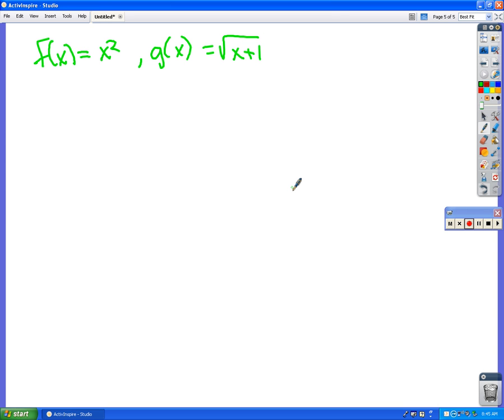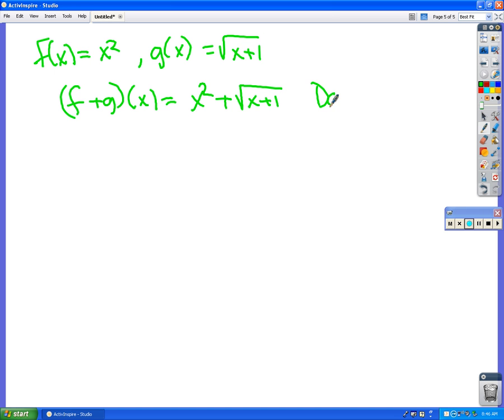Okay, so let's figure out what all the things are. What would f plus g of x be? So we're like saying what it's going to do now. Yeah. Okay, so we should probably write that. x squared plus the square root of x plus 1.